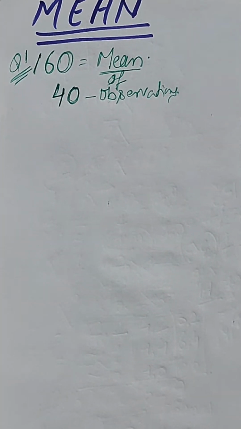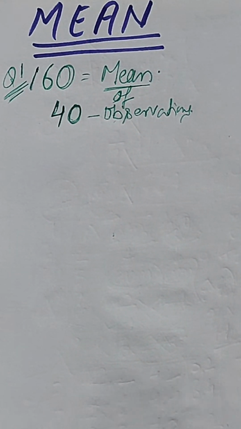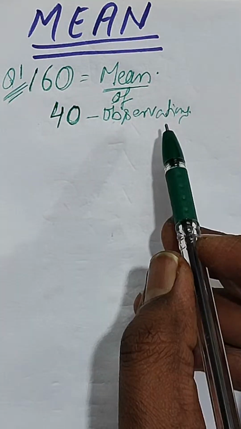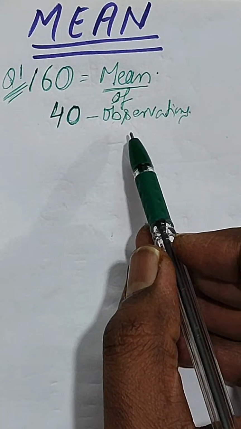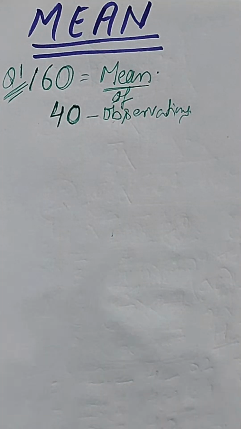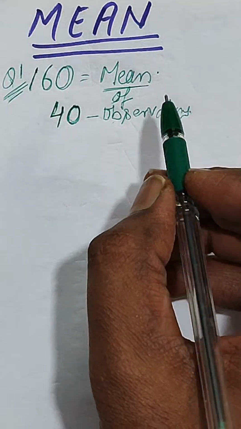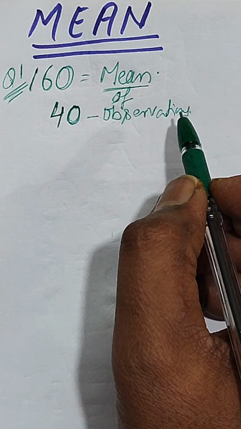Now from this it has been questioned that it was detected on rechecking that the value 165 was wrongly copied as 125, right? So we can say that 165 is wrongly copied as 125.